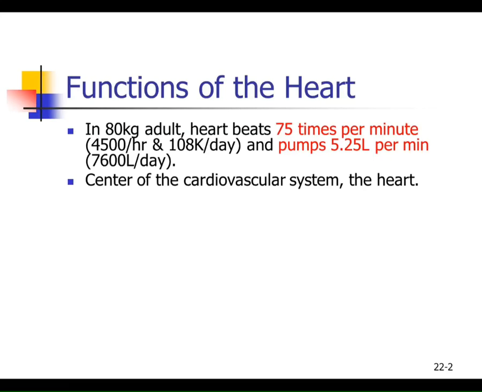So the average size adult, their heart is beating about 70 times per minute. Now this does change throughout our lifespan, so this is an average of an adult. And in physiology, most averages were established years ago as 25-year-old, 150-pound males. Right?